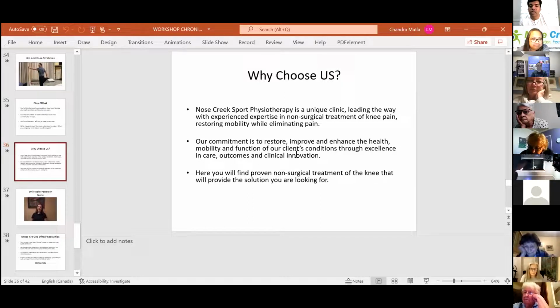So we are committed to restore, improve and enhance the health, mobility and function of our clients with excellent care and all our treatment rehab protocol programs. Here you will see proven treatment protocols for the knee that will provide solutions for knee problems.